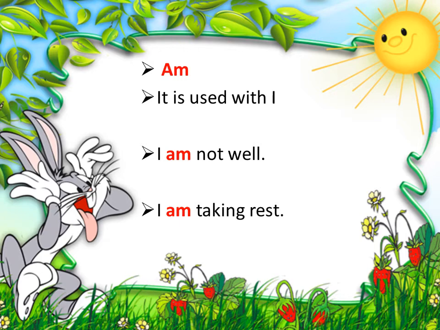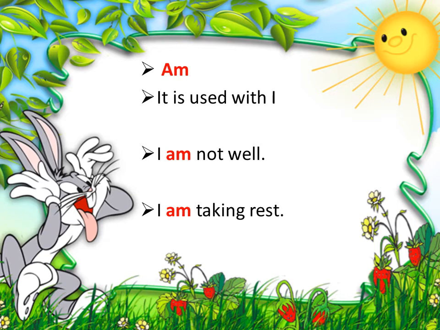In the first one, present condition, and in the second one, present activity. ठीक है, जब भी मुझे अपना प्रेजेंट का स्टेट बताना है, आई एम सैड, आई एम हंग्री, आई एम थर्स्टी, आई एम टायर्ड, तो मैं आई के साथ एम यूज़ करती हूँ. ठीक है, विदाउट मेन वर्ब. और जब मैं किसी एक्टिविटी के बारे में बताना चाहती हूँ कि मैं इस टाइम पे ये वाला वर्क कर रही हूँ, तो मैं आई के साथ एम एंड देन एक्शन वर्ब के साथ में आई एन जी यूज़ करती हूँ. ठीक है, फॉर एन एग्जाम्पल, आई एम ईटिंग माई ब्रेकफास्ट, आई एम प्लेइंग लूडो, आई एम वॉकिंग. I hope this is clear to you.